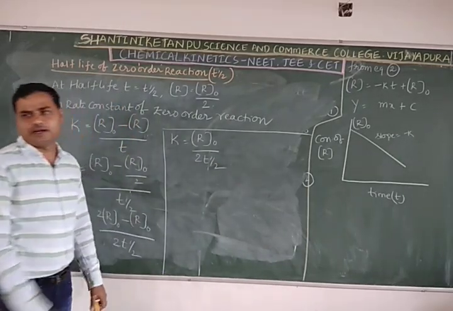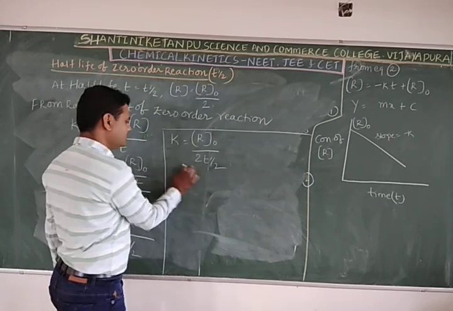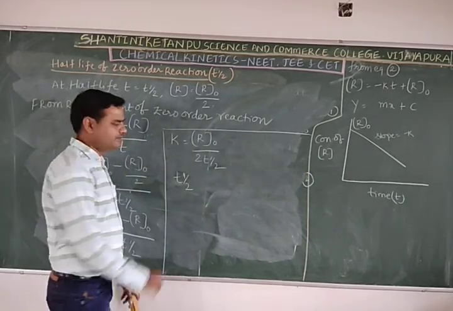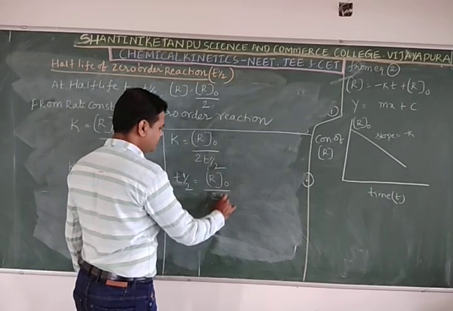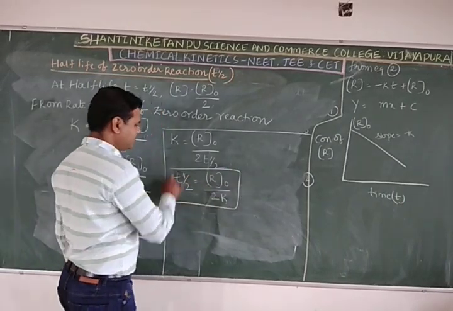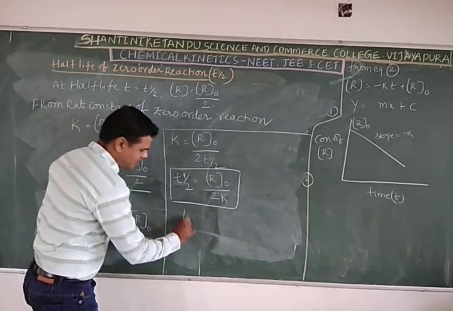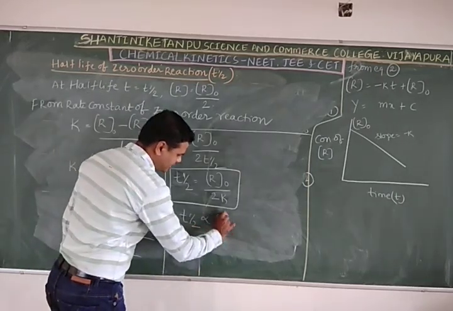Now, because we require the half-life, T half is equal to R naught by 2K. T half is equal to what? R naught by 2K. So with this equation we can write T half is directly proportional to what?